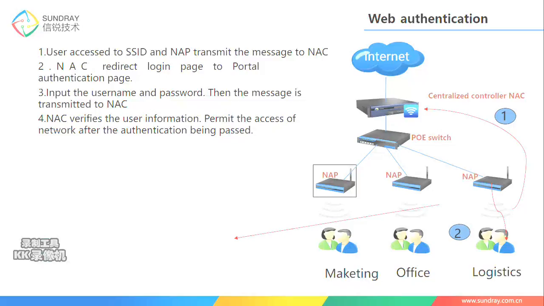By the way, sometimes the portal page cannot pop up. First we have to make sure the controller has internet access, or in bridge mode, the client's IP has internet access. Only then can we get the DNS flow, so we can do the redirect to the portal page.